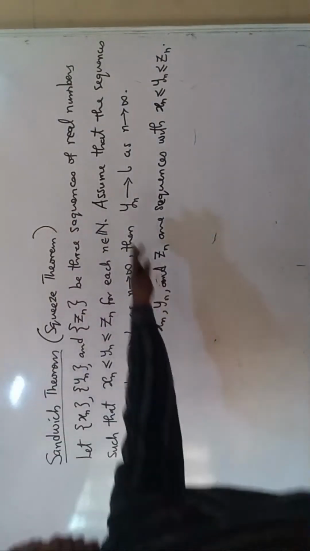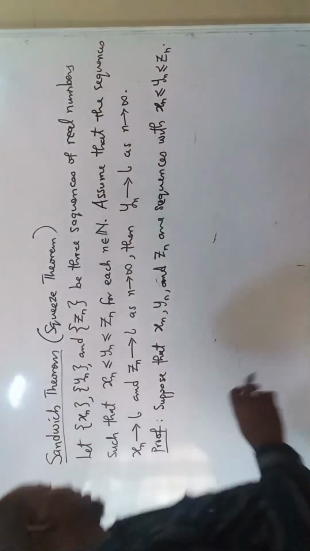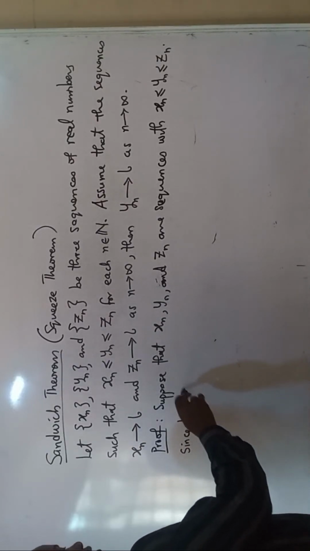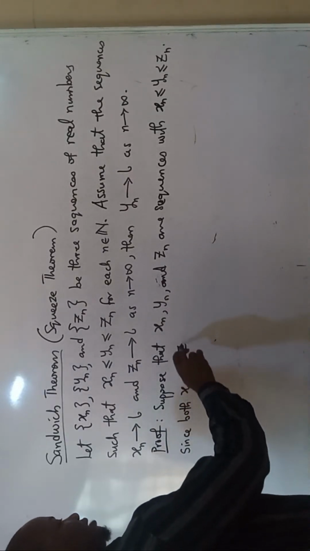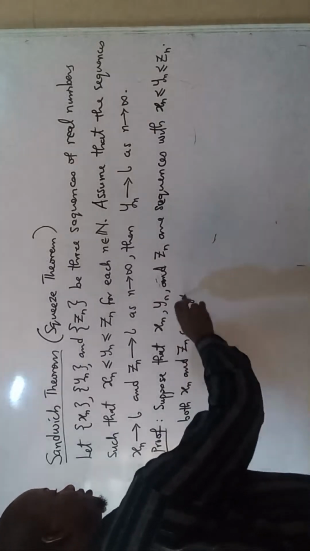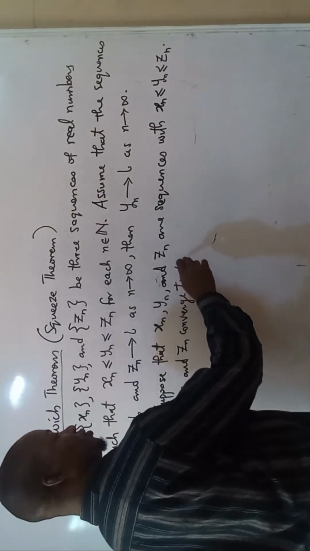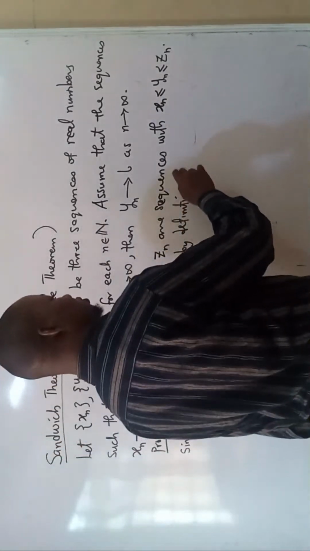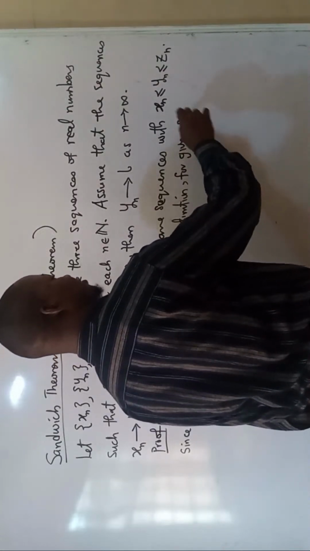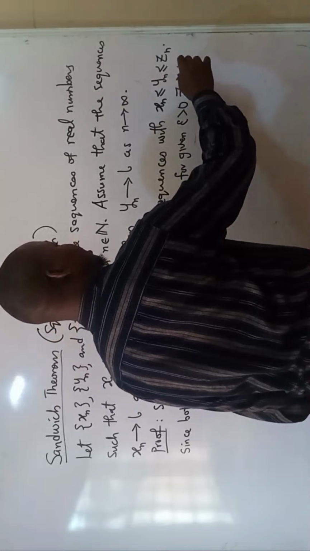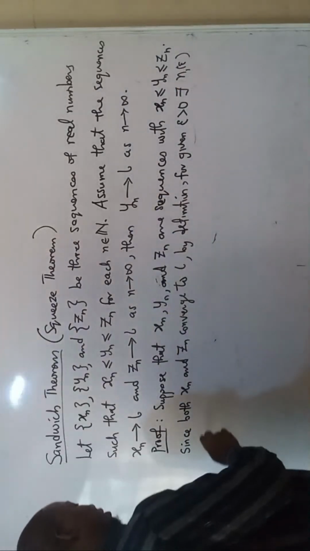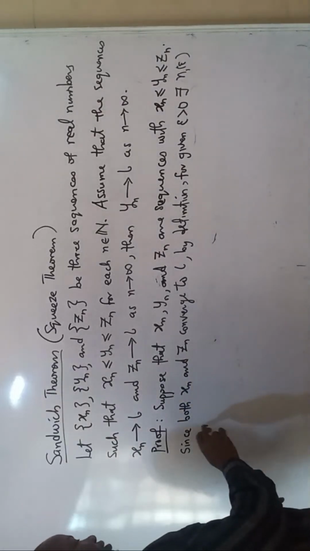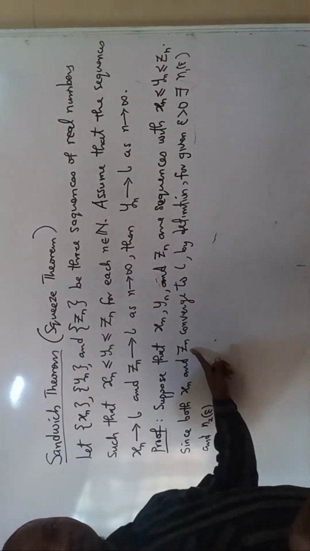Since both xn and zn converge to L, by definition, for a given epsilon greater than 0, there is an n1 of epsilon and an n2 of epsilon, where n1 of epsilon stands for xn and n2 of epsilon stands for zn.